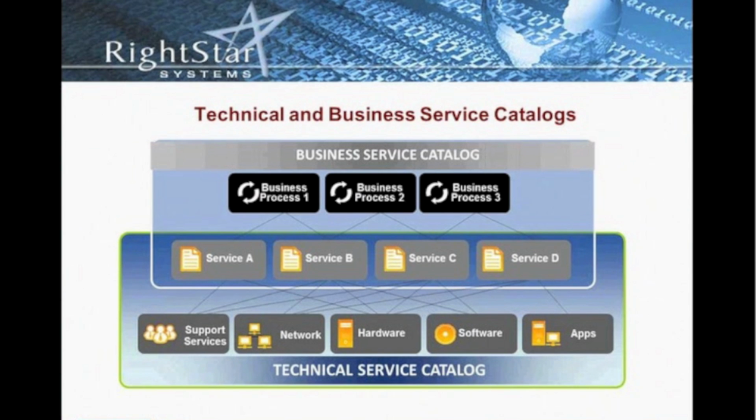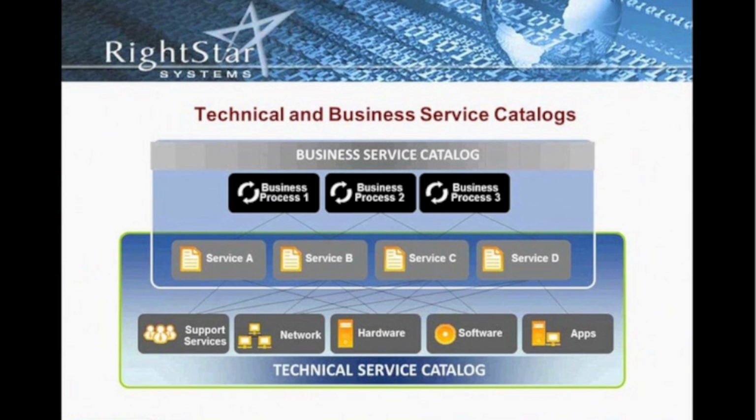So as we look at this diagram, I think it's representative of a very common environment in the sense that we have business services such as finance or an email system that are consumed by the business and that they can easily relate to. But the reality is that those services are made up of numerous technical services that the IT department is more focused on.